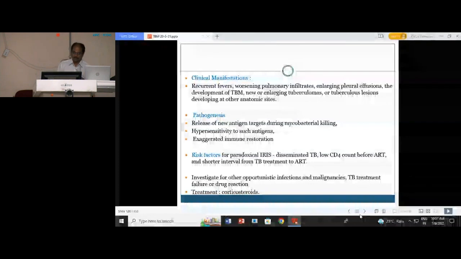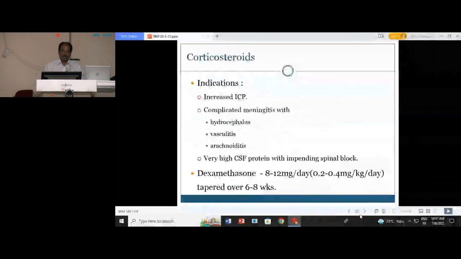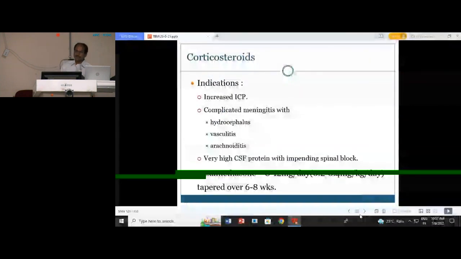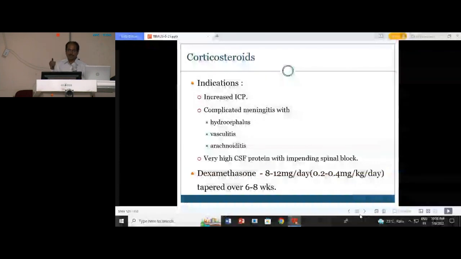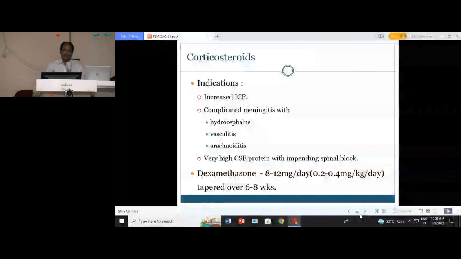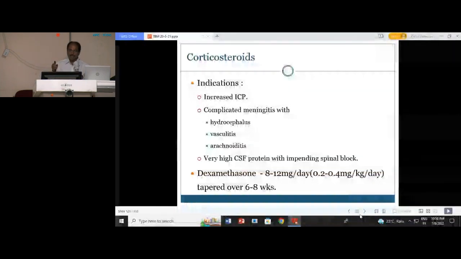Various risk factors. Corticosteroid indications: raised ICP, complicated meningitis with hydrocephalus, vasculitis, arachnoiditis, very high CSF protein. Dexamethasone should be given 8 to 12 milligrams and tapered over 1 to 2 months.